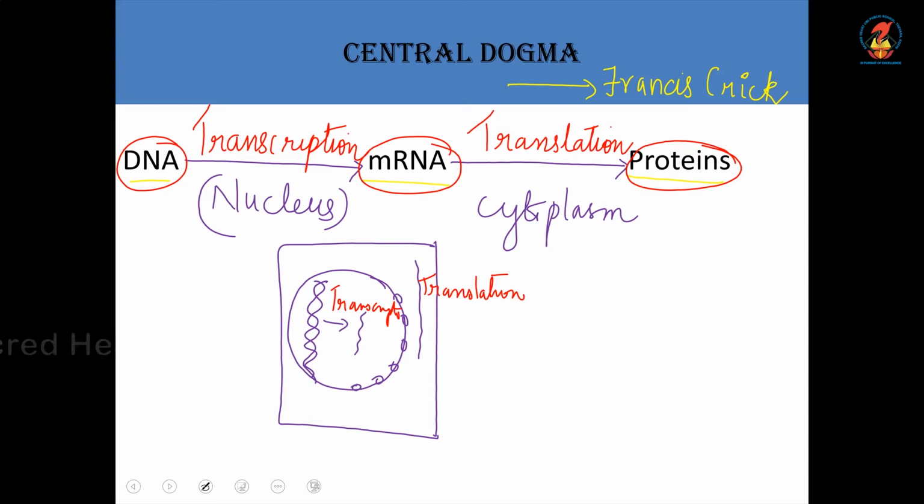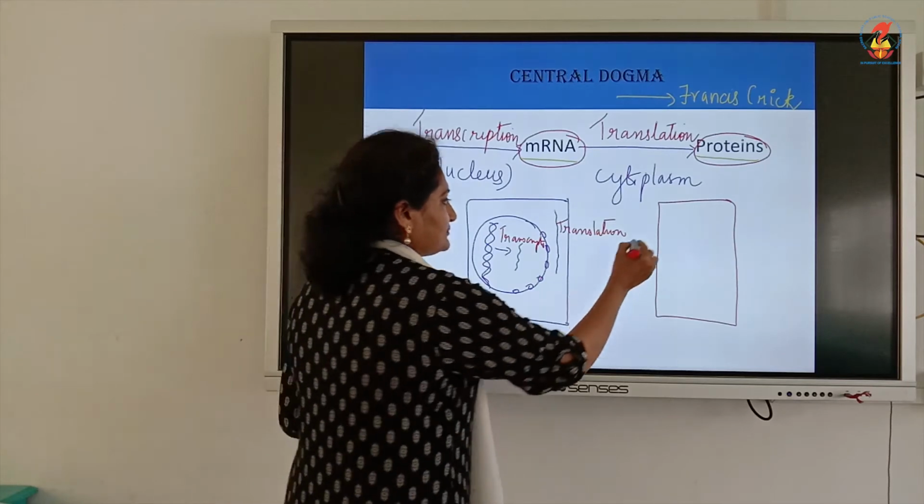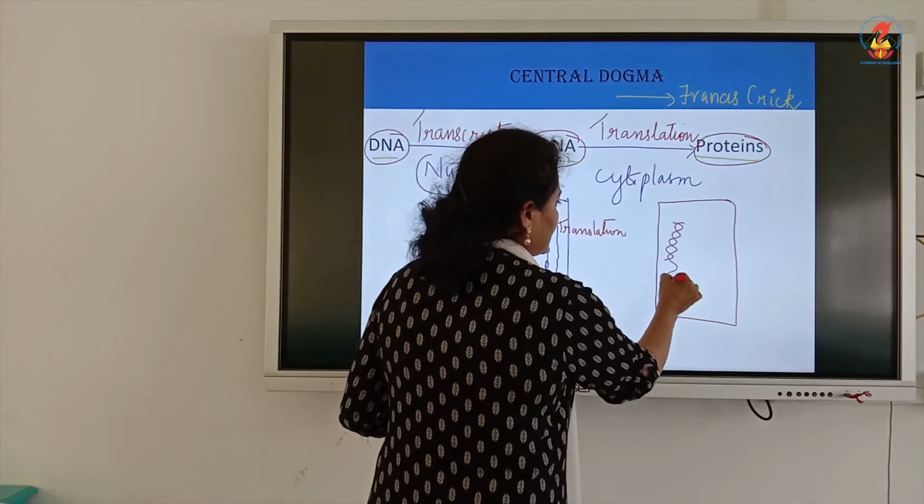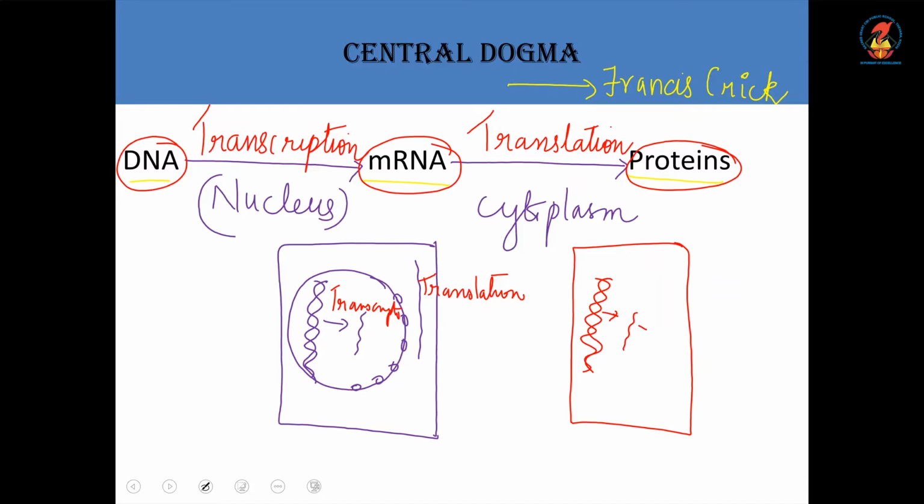That is in the case of eukaryotes, whereas in prokaryotes we know there is no well defined nucleus. So, both transcription and translation occur in the cytoplasm. See, this is the DNA, then it forms the mRNA and the mRNA forms the proteins. All occurs in the cytoplasm. As I proceed from one slide to the other, I will be giving you the difference between prokaryotes and eukaryotes.